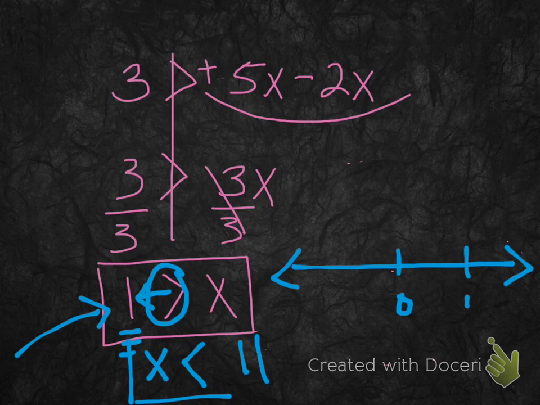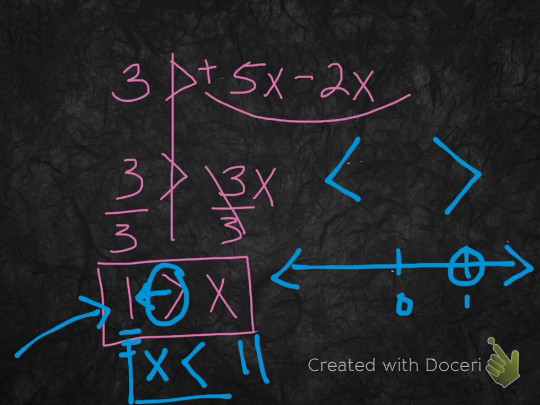So, first and foremost, if it's a greater than or less than, meaning it's an open interval, like this, we put an open circle around the 1, like this. Now, this is not the first time many of you have seen this. Open circle on open intervals.